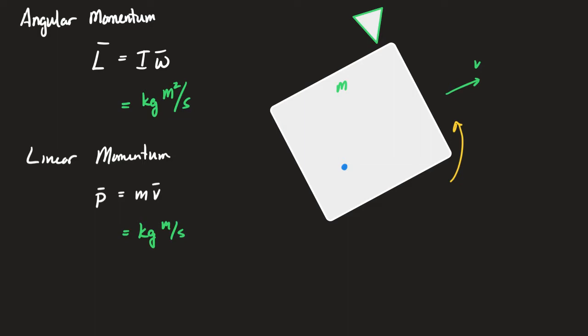But how it affects each isn't the same. So when we deal with angular momentum, we tend to deal with it by itself, talking about the angular momentum properties. And we deal with linear momentum, we tend to deal with it by itself. Now, I know it's not a hard and fast rule. We just need to take it case by case.